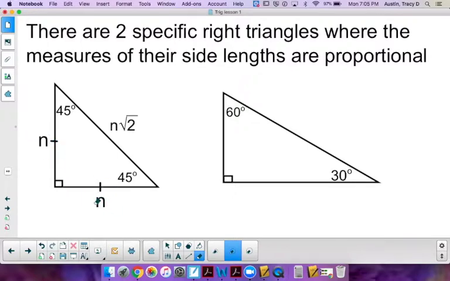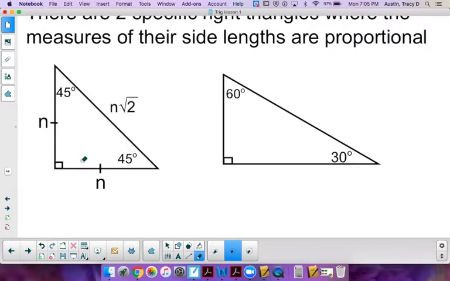Okay, and you can prove this using the Pythagorean theorem, because we know that side squared plus side squared, a squared plus b squared equals c squared, right? And no matter what measurement we put in for those two side measures, if we solve using the Pythagorean theorem and we don't get the decimal form, if we get the simplified square root form of the answer, it's going to be whatever it is times the square root of 2. Okay, and I can prove it real quick. We can just pick a small number.